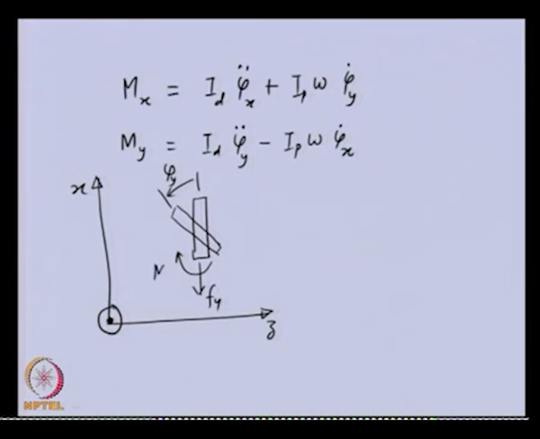So, let us say this is about the y axis, this will restrict the motion of the tilting, and this is opposite to the y direction displacement. Fy is opposite to the y displacement. So, we can write the equilibrium equation of this disc in the y direction for force balance.